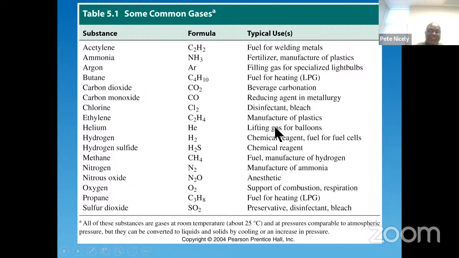Of course, you have flavorings and all of that, but basically that's what sodas are made of. Another example here is nitrogen, which is used in the manufacture of ammonia, and ammonia itself is used in the manufacture of fertilizers and plastics and so on, all right? So those are just a few examples of gases.